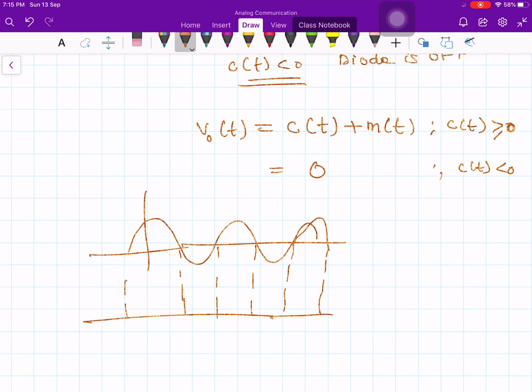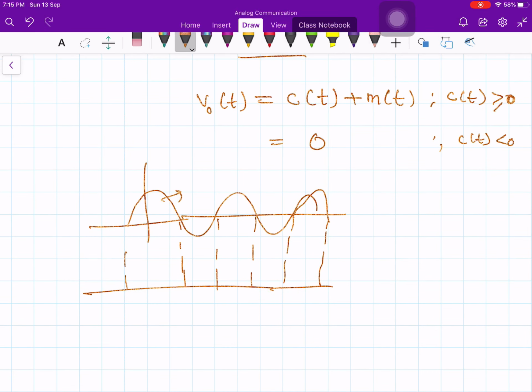In this position, when it is on, you are multiplying by 1, and in the negative half cycle you are multiplying by 0. In the positive half cycle again you are multiplying by 1, 0, 1. Therefore, when you multiply by 1, the output is c(t) plus m(t). When you multiply by 0, the output is 0.